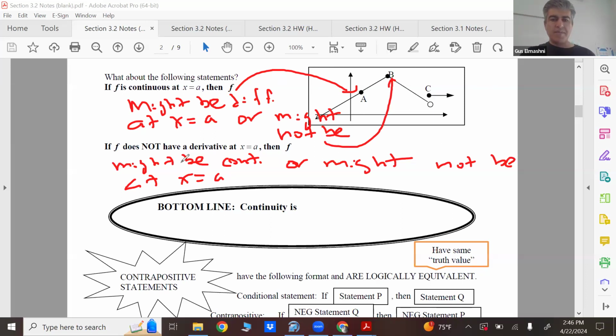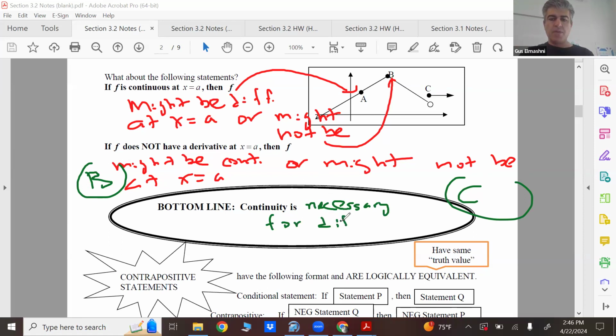It is at point B, but not at point C. So the bottom line is that continuity is necessary for differentiability. You need to have continuity to make differentiability happen. And then again, we have these logically equivalent statements.